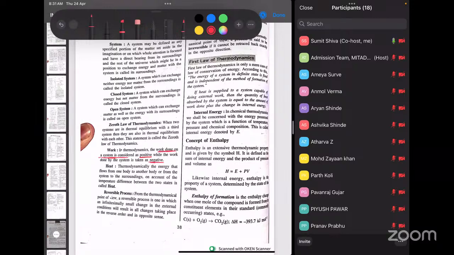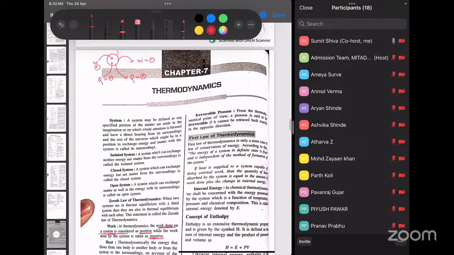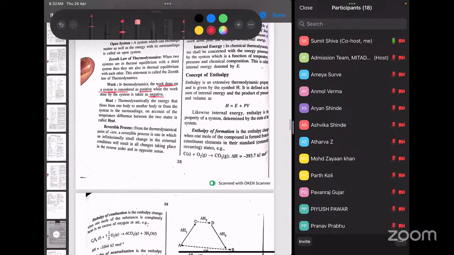An interesting point is that if we have a reversible process, then the values of its parameters will be constant for a limited time range or for a very long time. An irreversible process is a type of process which cannot go in the backward direction. It will go in the forward direction only. It cannot go in the reverse direction. But reversible processes can go in both directions, forward as well as backward.